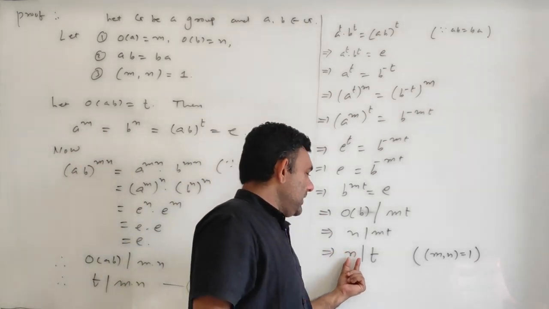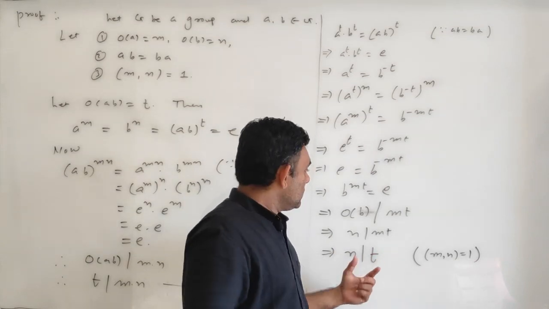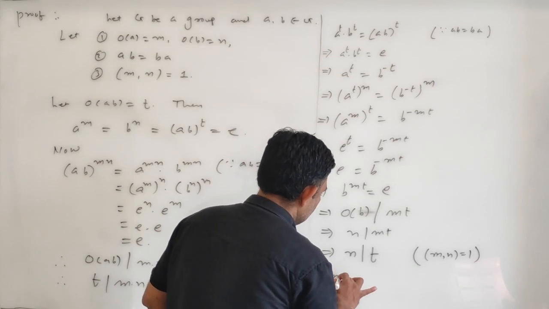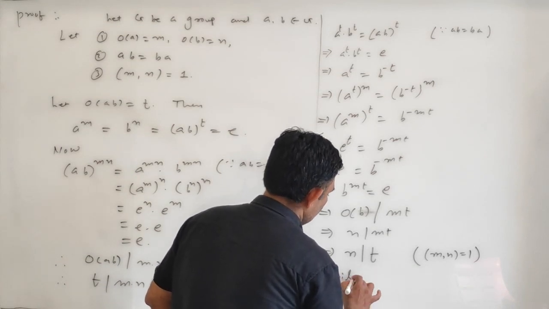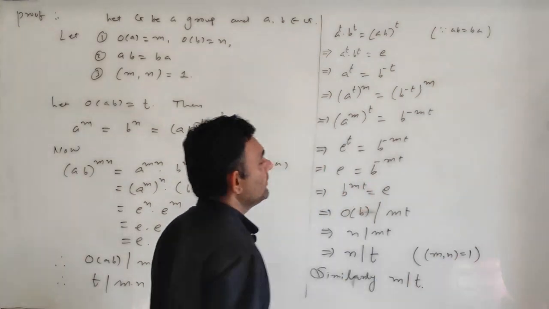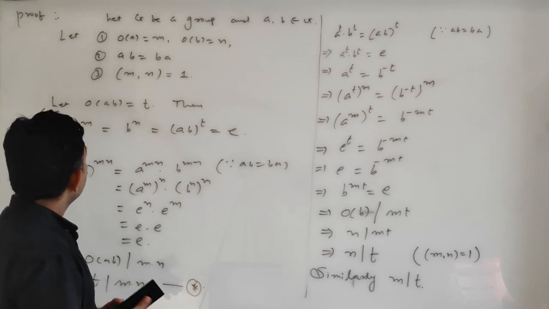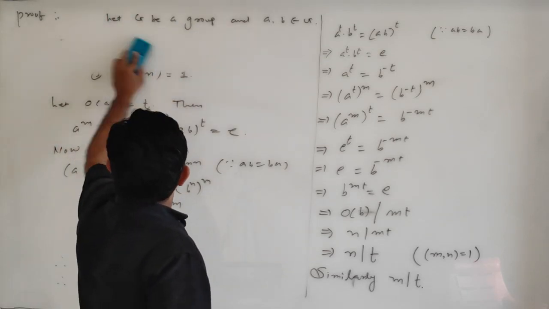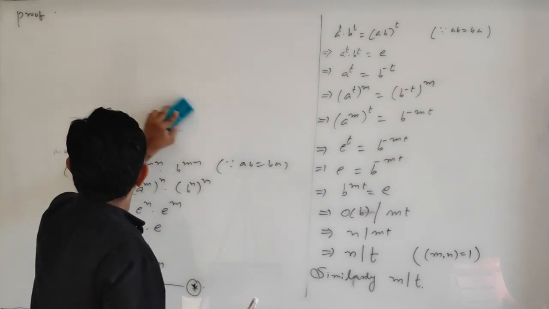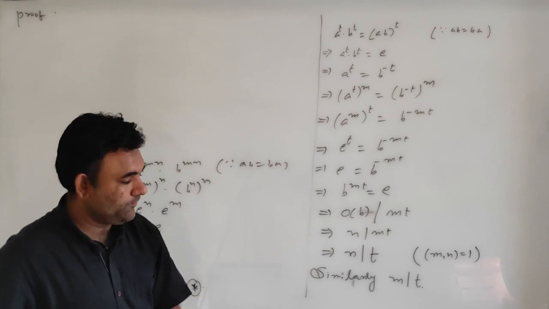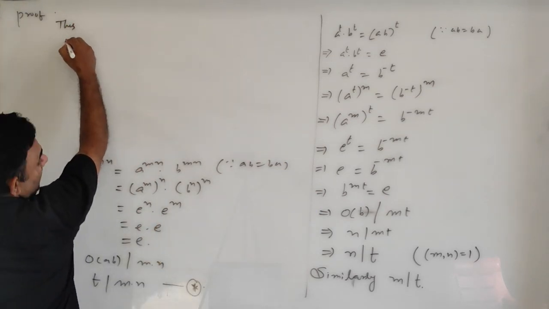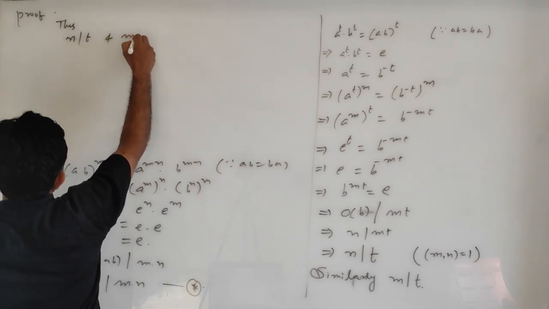So I here get m divides T. Similarly, M will divide T. Thus I have N divides T and M divides T.